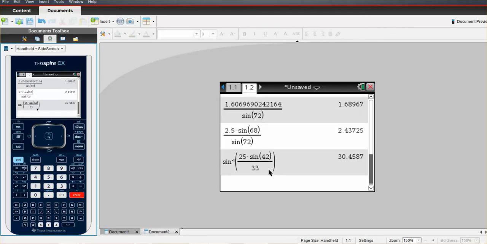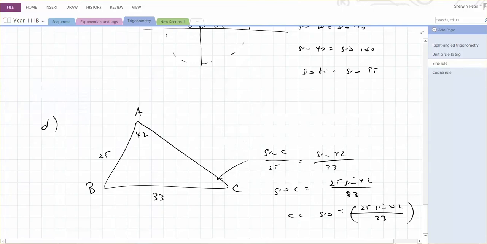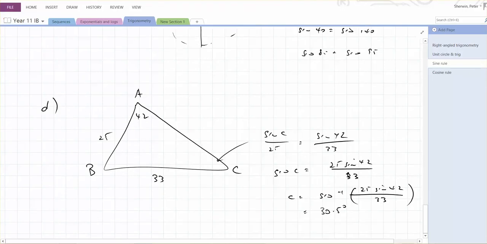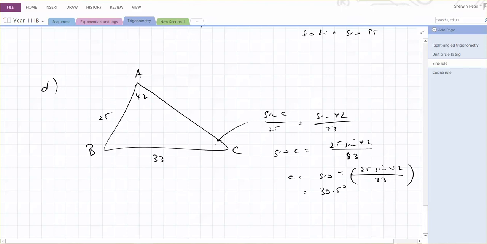We'll hit equals, and we get 30.5 degrees. So C is equal to 30.5 degrees. And it can't be 150 degrees because this would be much, much bigger. So it must be 30.5 in there.